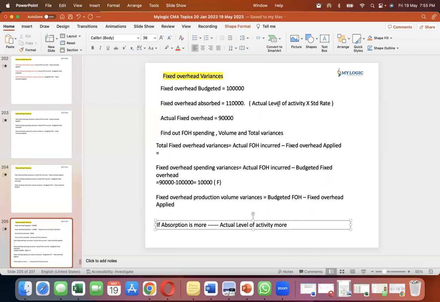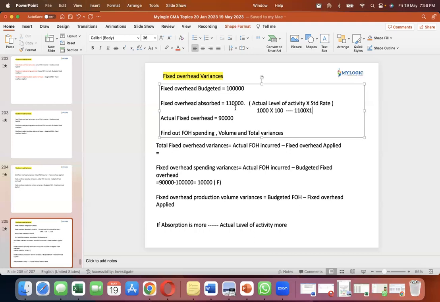So in effect, let's say actual level of activity for calculation is 1,000 into rate 100. Now in the next scenario, it is 1,100 into 100. Here 1,000 into 100, I get 1 lakh.